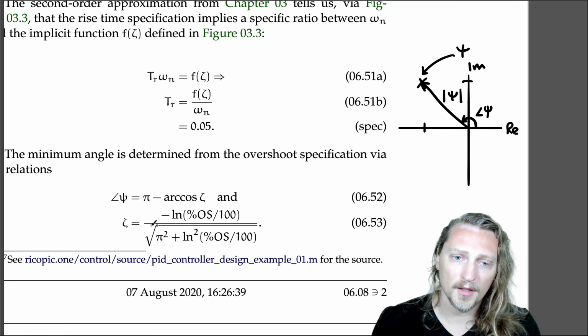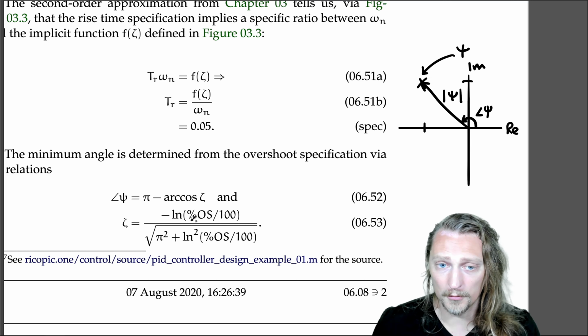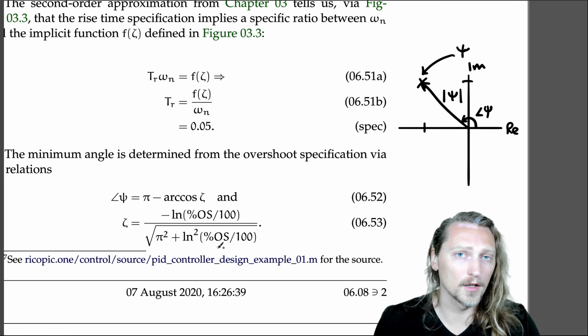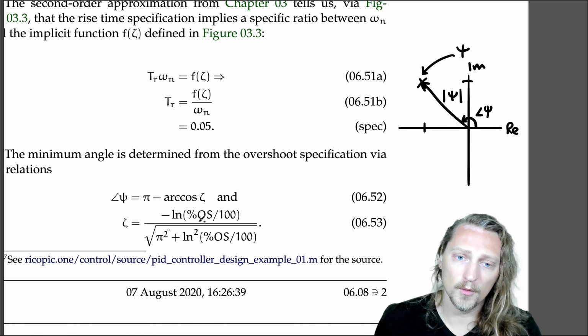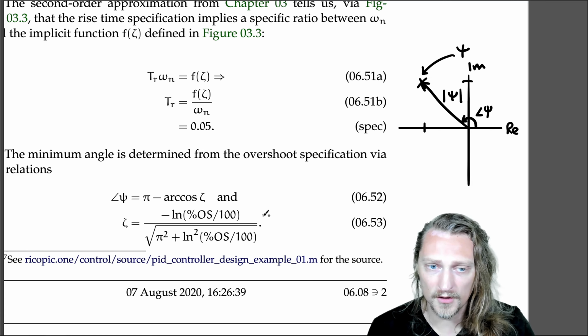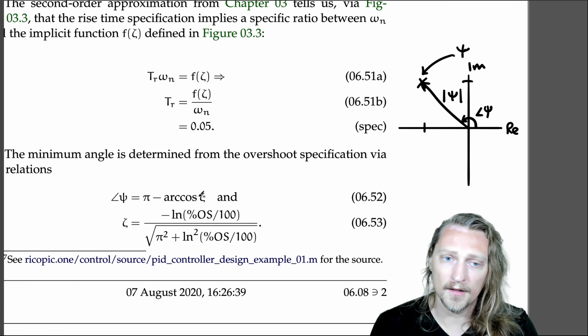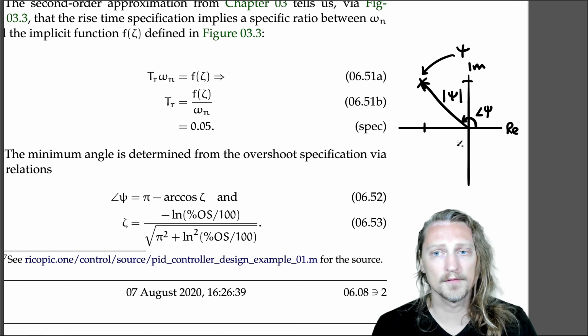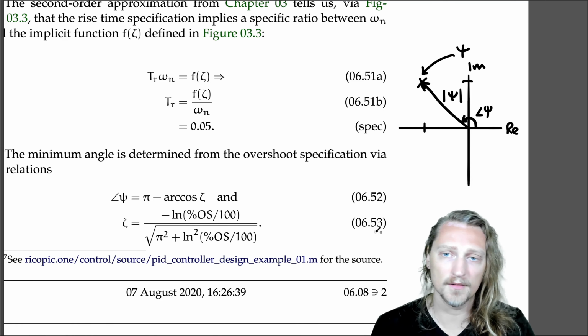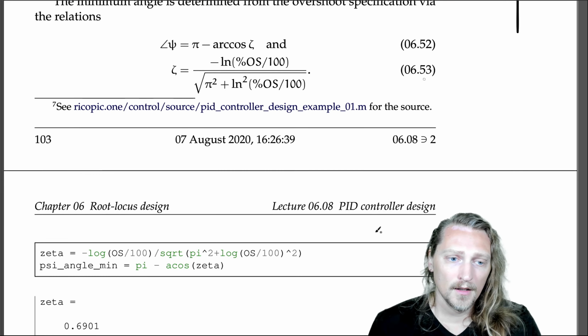So this relationship here allows us to take our target percent overshoot and calculate what zeta that corresponds to. And that zeta is related to what the angle of psi is here. So we'll use those two equations to find that angle of psi.